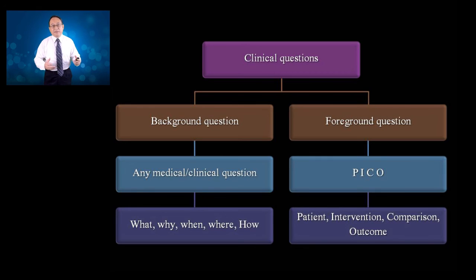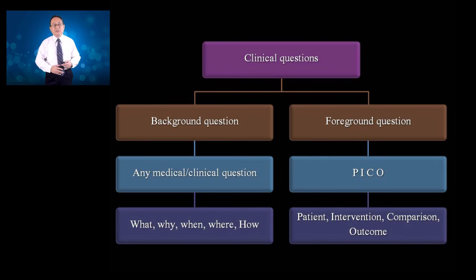What are the risk factors for lung cancer? All those questions are background questions. They can only be raised by new medical students. But when we practice as clinicians, we have to move from background questions to foreground questions.